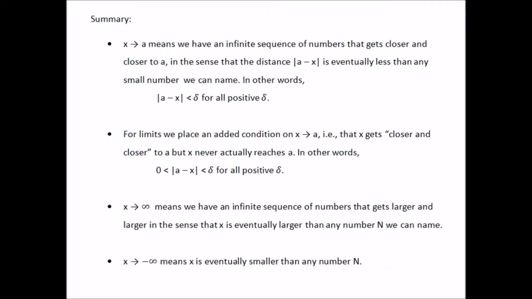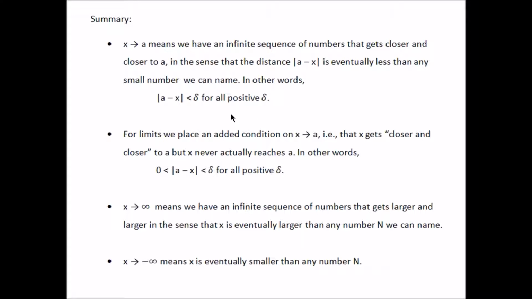So, to summarize what we've seen about convergence, if x converges to a finite number, that means that the distance between that finite number and x gets smaller and smaller. It eventually gets smaller than any number we can name. It gets smaller than any positive number.